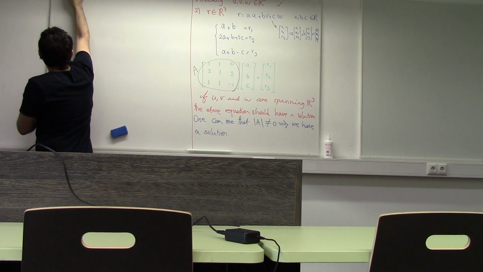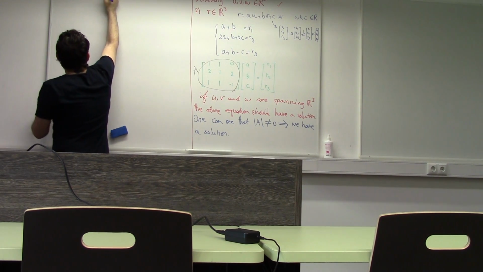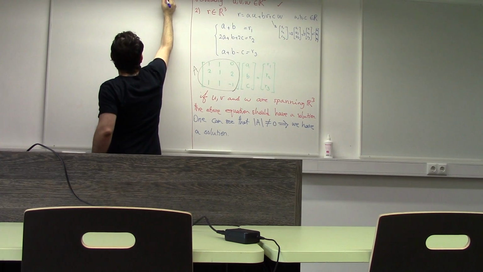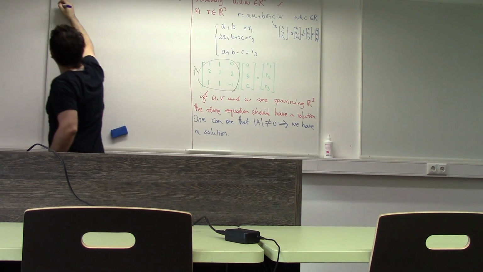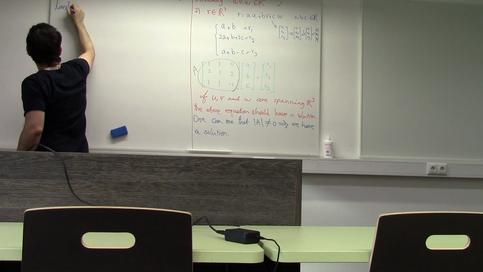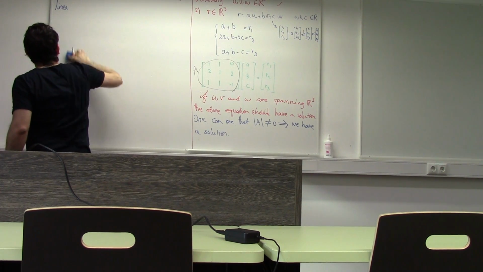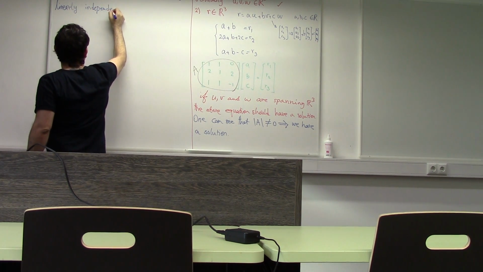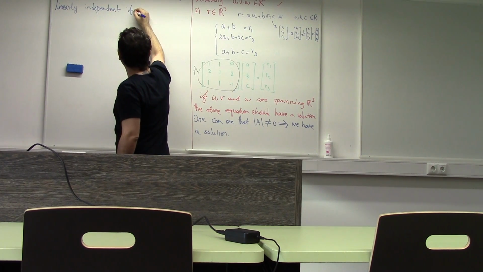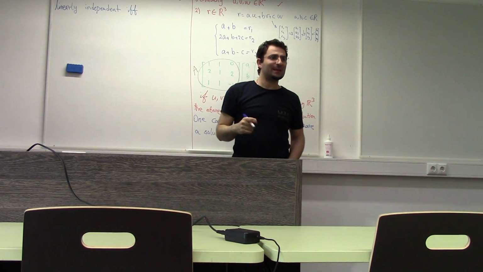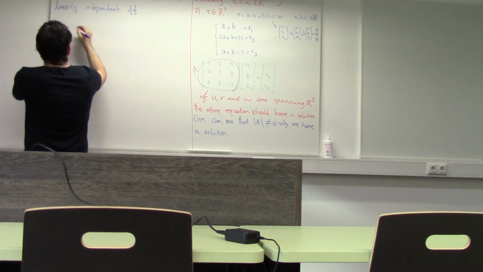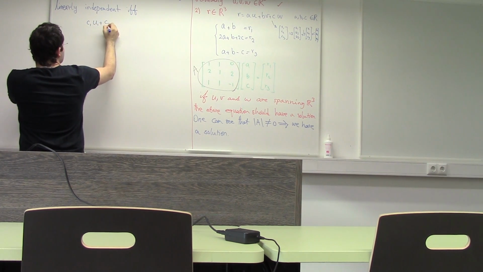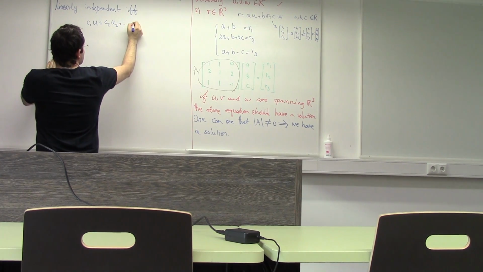The vectors u1, u2, un are called linearly independent if and only if, IFF means if and only if, C1 U1 plus C2 U2 plus Cn Un.